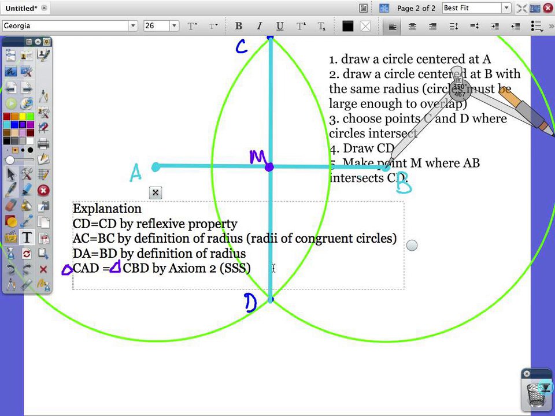These corresponding parts are congruent to each other by CPCFC. We're going to write it down, but I'm going to talk through it first.